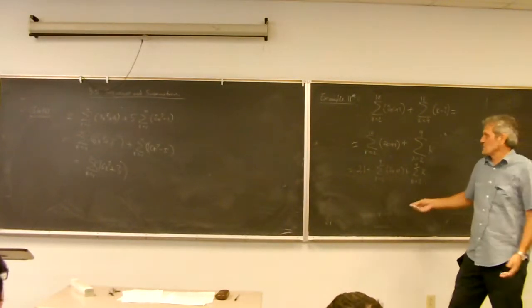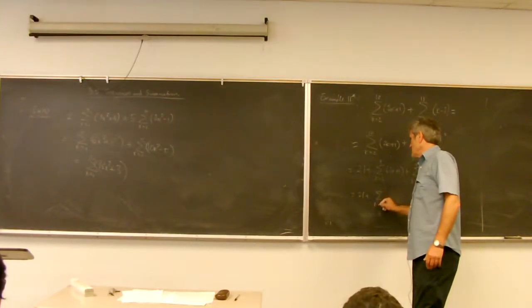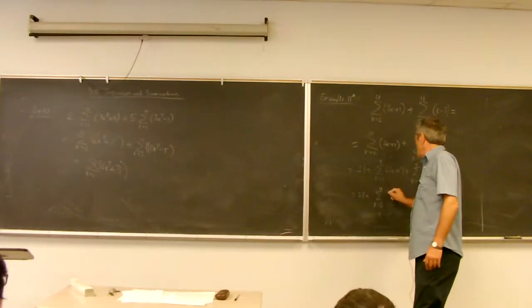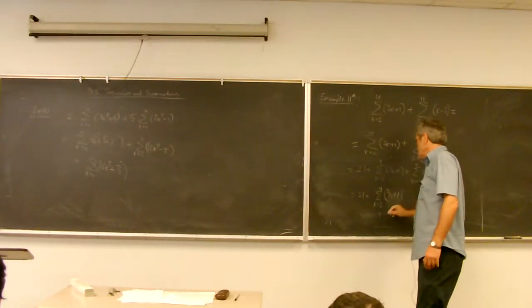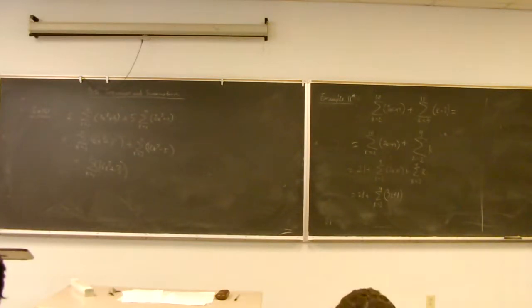Yes, there's 21 on the side. That doesn't matter. k goes 2 to 9, 3k plus 1. Here it is. So you match at least one of the limits. If the other one doesn't match, those few extra members, just push them on the side.